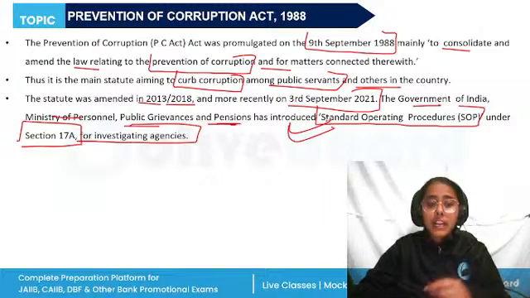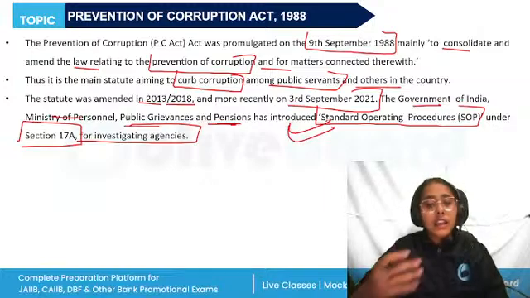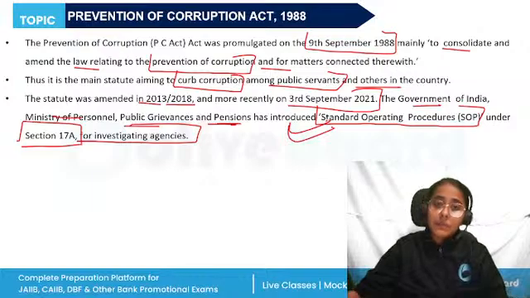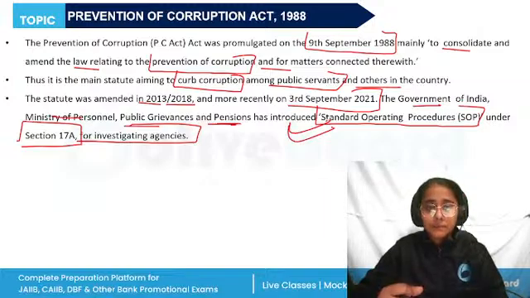Again, if we come back to this act, it deals with how public servants, if they're engaged in corruption, taking bribes, giving bribes, or any unlawful activity or behavior, are dealt with.